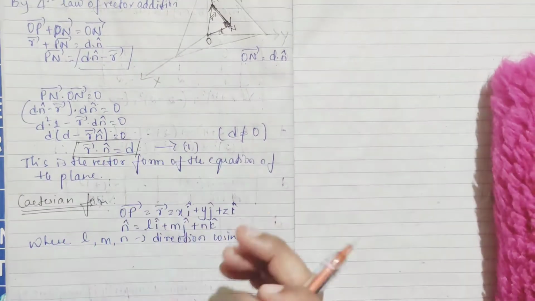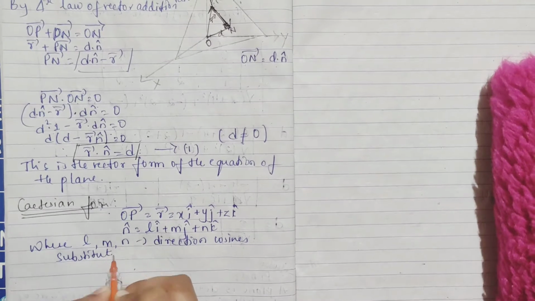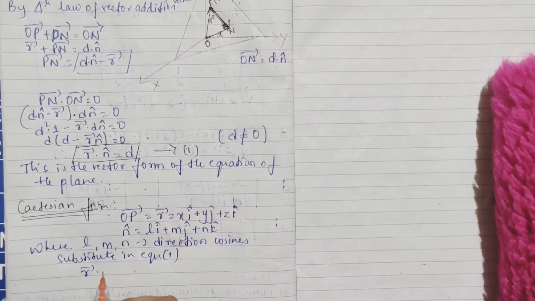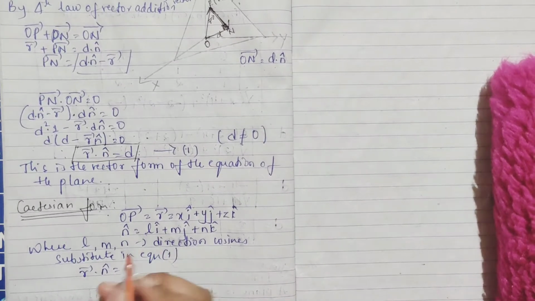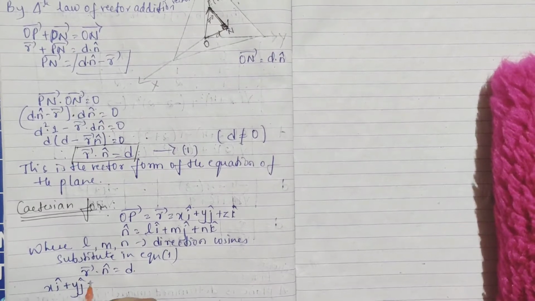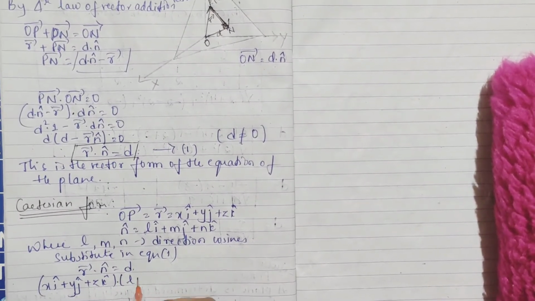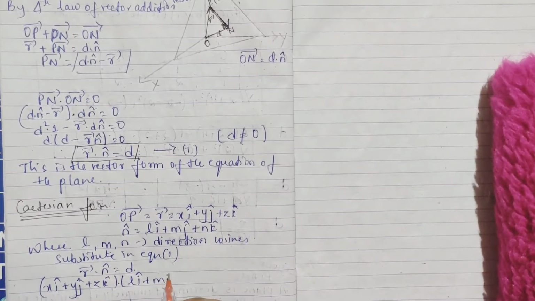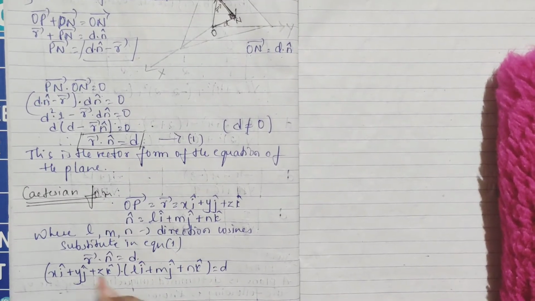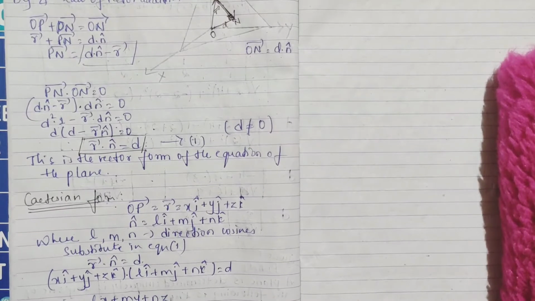So now everything will be substituted in equation 1. So I get vector r dot n cap is equal to d. So vector r, I have x i cap plus y j cap plus z k cap, dot your n cap, I have l i cap plus m j cap plus n k cap, which is equal to d. So therefore with your direction cosines, it is given as lx plus my plus nz is equal to d.